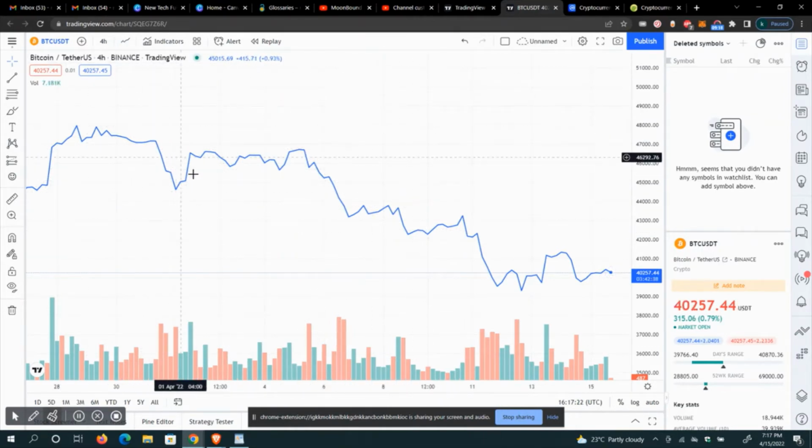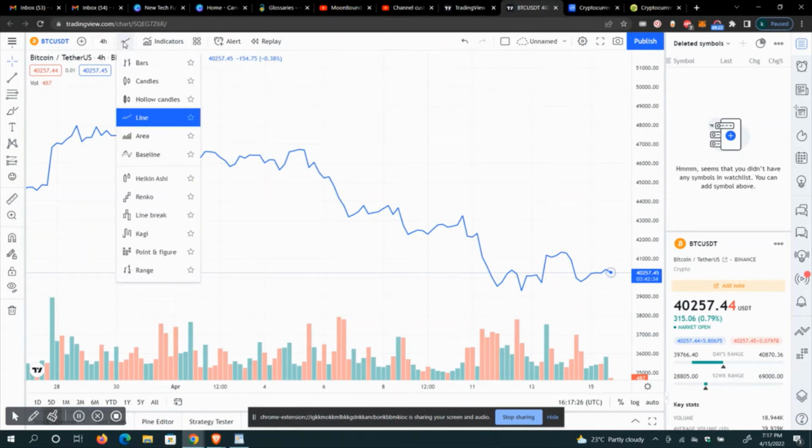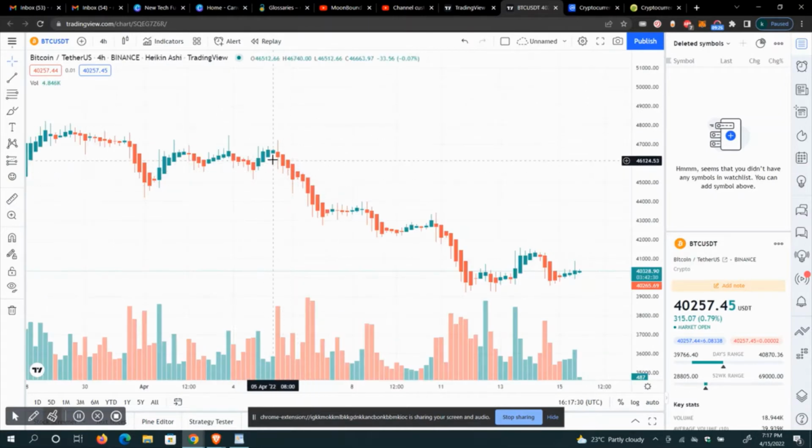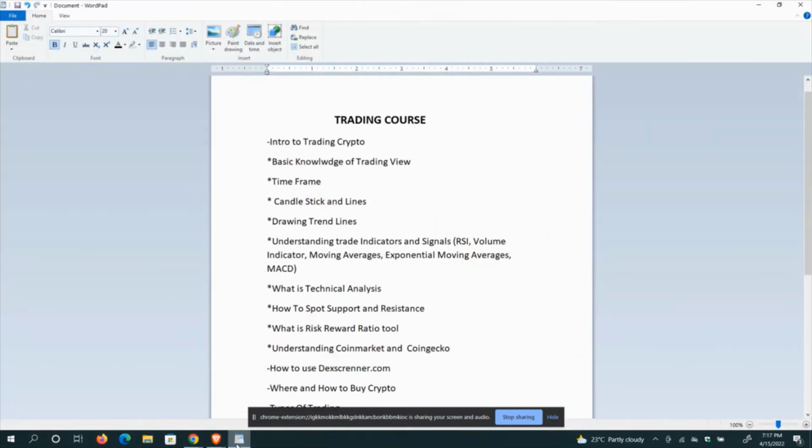Maybe this doesn't look that boring to some people, but the other candlesticks tend to look boring to some people. People use either the Heikin Ashi. It all depends on you as a person. What preference do you choose? There's nothing more to understand. People choose the preference which they are comfortable with to read a trading chart. So that is what the candlesticks and the line tend to indicate.